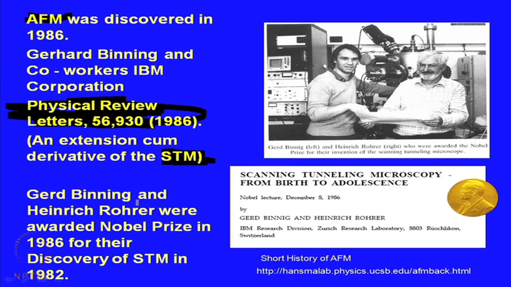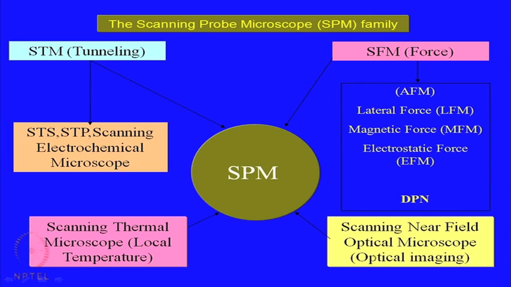Binnig and Rohrer were awarded the Nobel Prize. The discovery was so unique that within 4 years of the discovery of STM, they got the Nobel Prize in 1986. If you are interested in the short history of AFM, here is a link you can look into, and you can get a very nice idea.